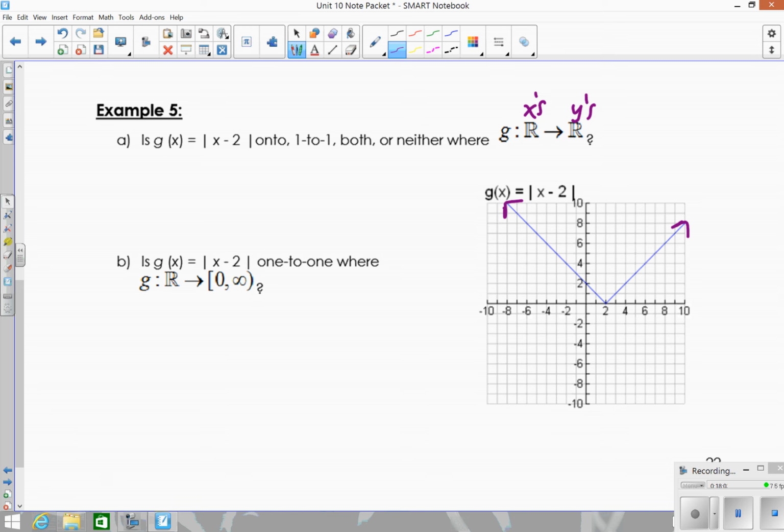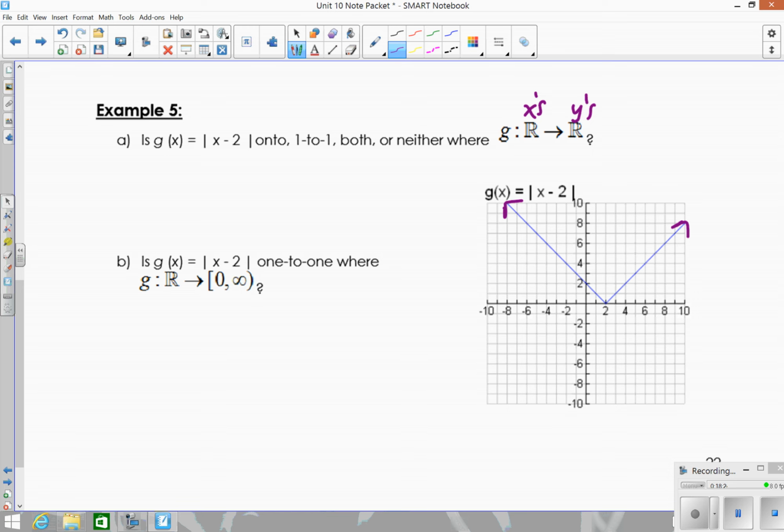So when we look at this entire picture, is this onto? Well, no, it's not onto, because if you're looking at this entire picture, -infinity to +infinity for x's and the same for y's, we'll never get any of these y values down here. So it's not onto because there's several y values that'll never get mapped to.